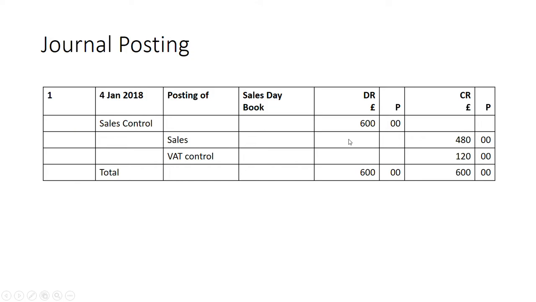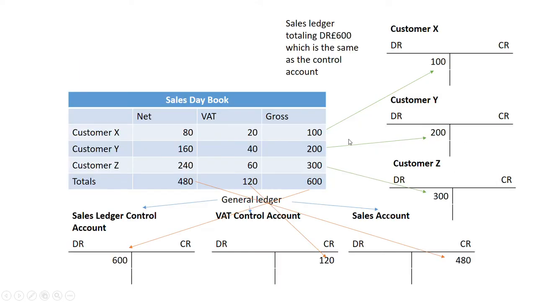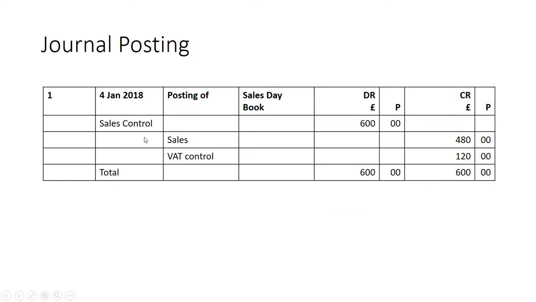We're simply putting them in there. It's the sales day book that goes into the sales ledgers here, and the note against that would be sales day book, date or whatever it would be. That's how you would do that. So it's the sales day book that would go into here. The journal will be prepared from the sales day book, and that would go into the general ledger.